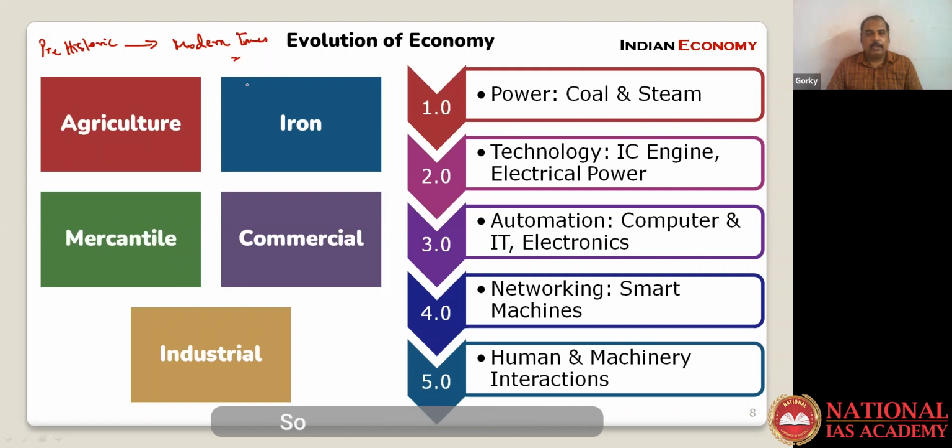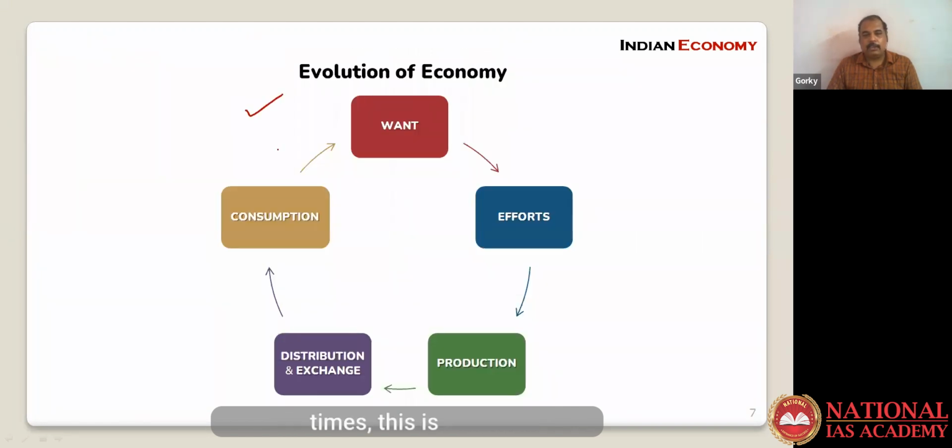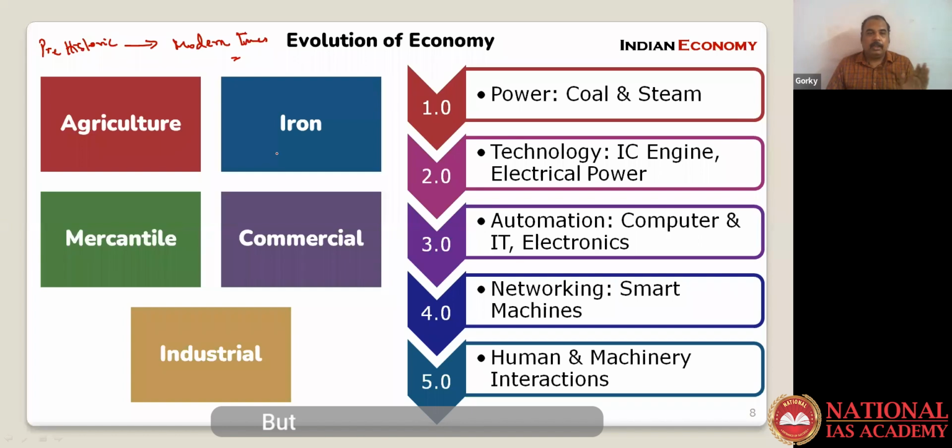Even in prehistoric times, this is the same. It is there till modern times. Even in modern times, it is there, but the wants were different. And accordingly, there were some revolutionary aspects in the evolution of the economy. There were some revolutions.